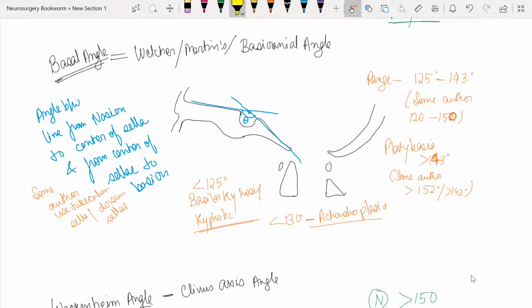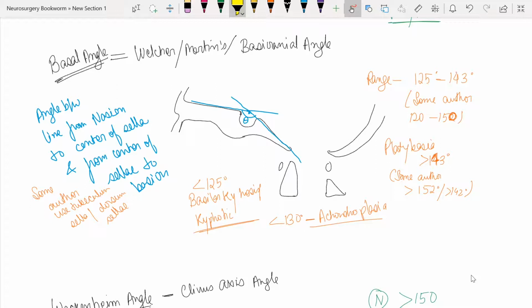There is also confusion about the range of this angle. Most of the authors say it lies between 125 to 143 degree. Some authors say that it lies between 120 to 150 degree.